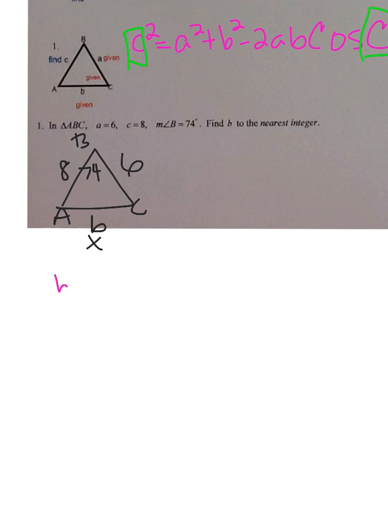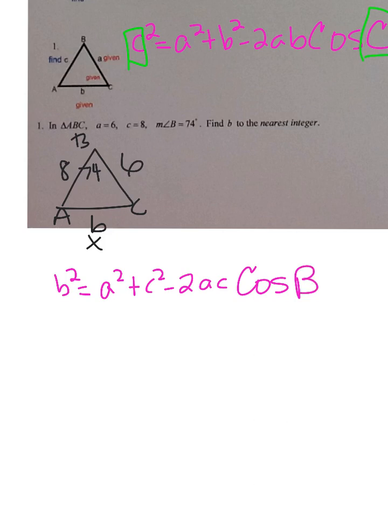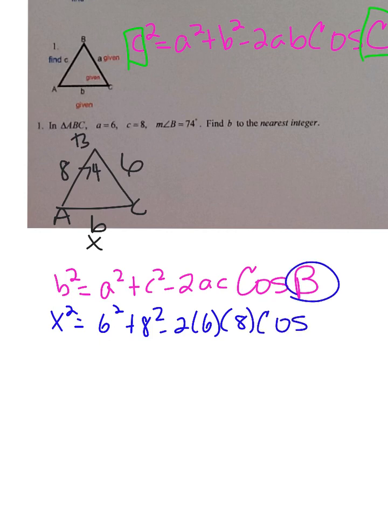So I would use b squared equals a squared plus c squared minus 2ac cosine of angle B. So it's going to be x squared equals 6 squared plus 8 squared minus 2 times 6 times 8 cosine, my angle, remember, 74.